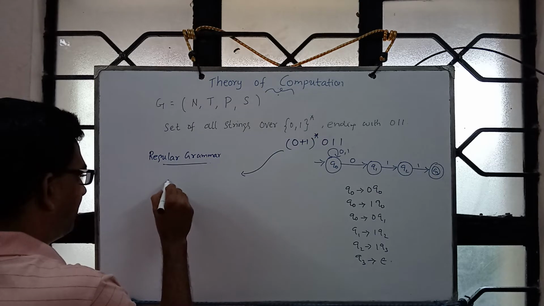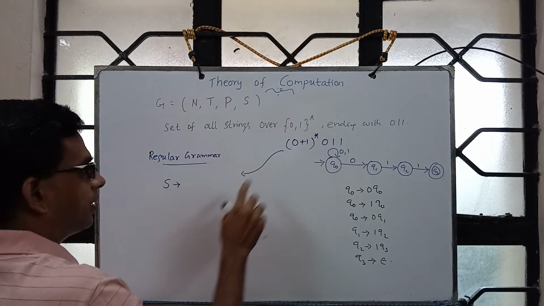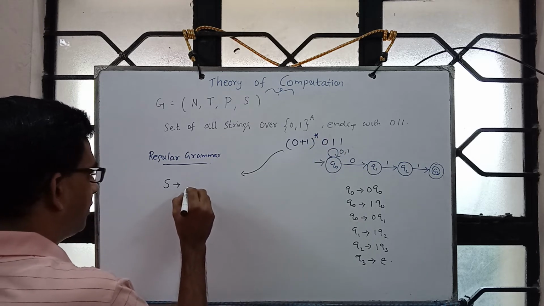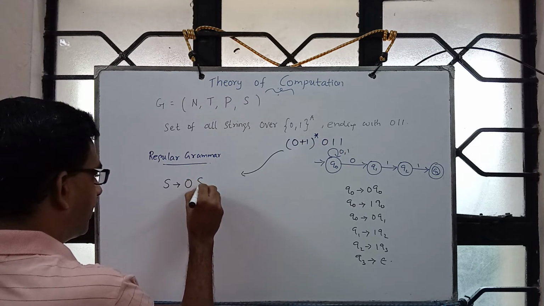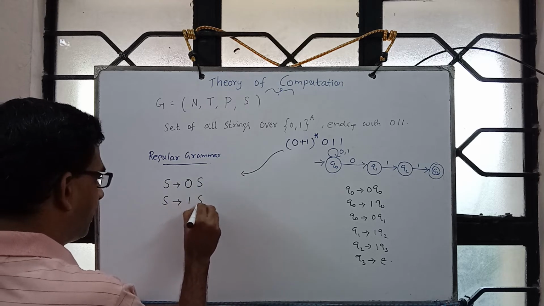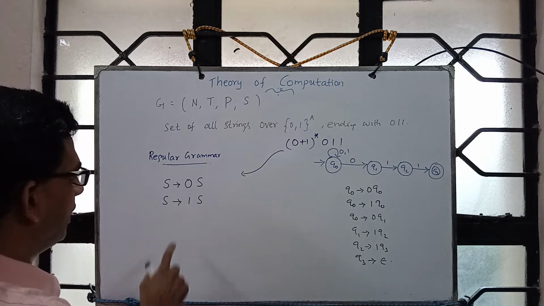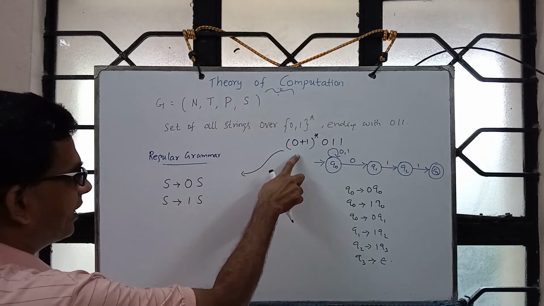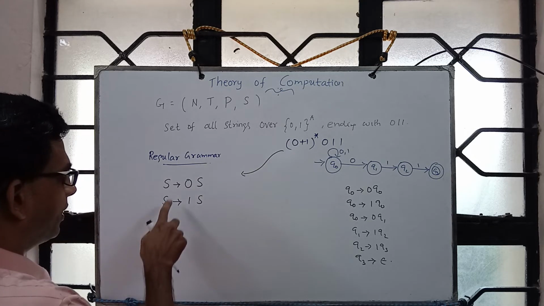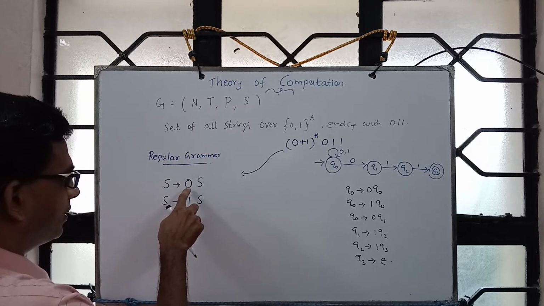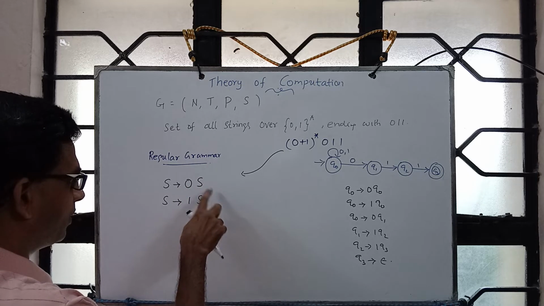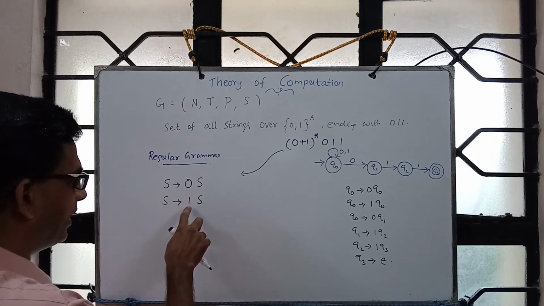So now let me start with S. We should read 0 plus 1 star before we go to 0 1 1. So I say S implies 0 S or S implies 1 S. Now with this you can get 0 plus 1 star, correct? Because you keep doing this, you can get 0 0 0 0 S, again one more 0 S, and whenever you need 1 you use this.